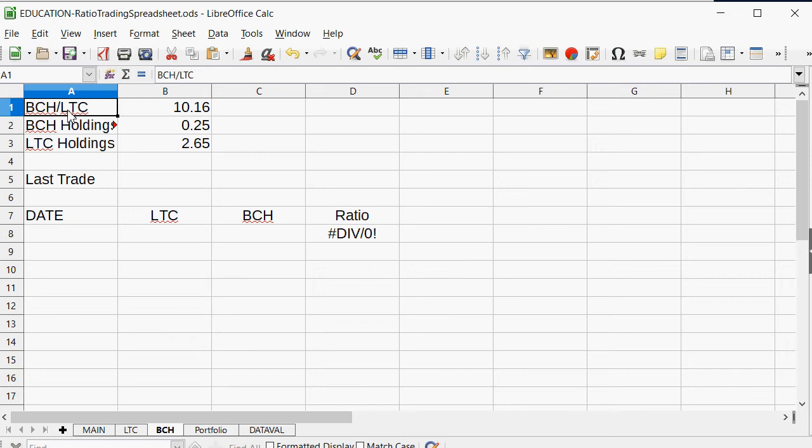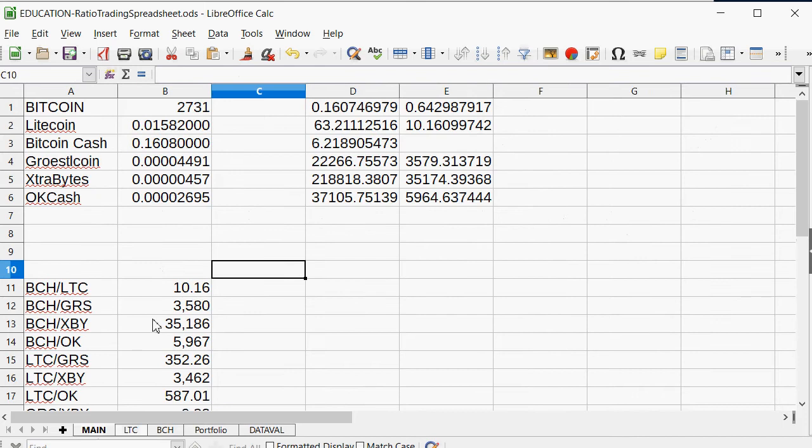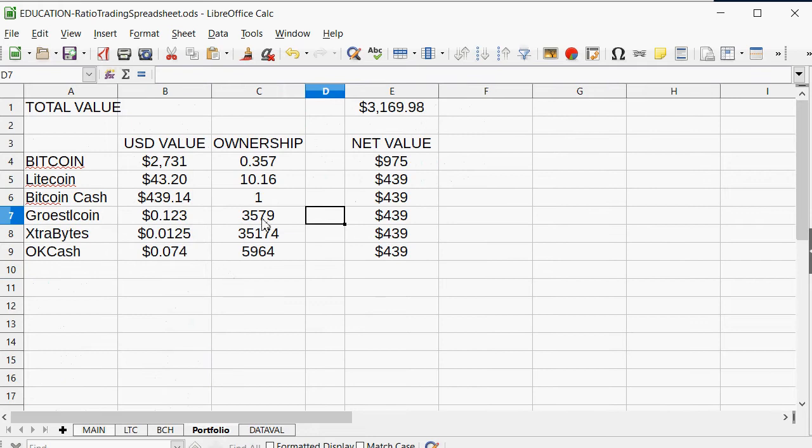And we've already done Bitcoin Cash and LITECOIN, so now let's do Bitcoin Cash and GRS. It's going to always work out for this one here. It's going to be a quarter plus the sum. Now as far as GRS, I have 894 here. Why do I have 894? Well, I took the ownership of what I had, which is 3,579, and I divided it by 4.